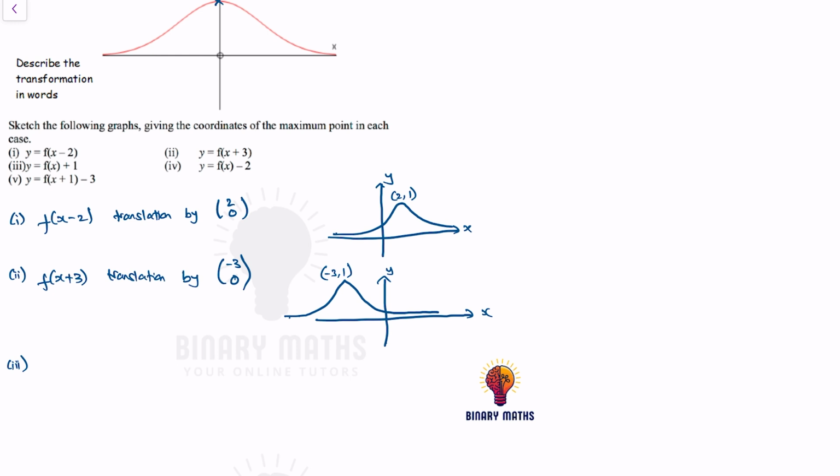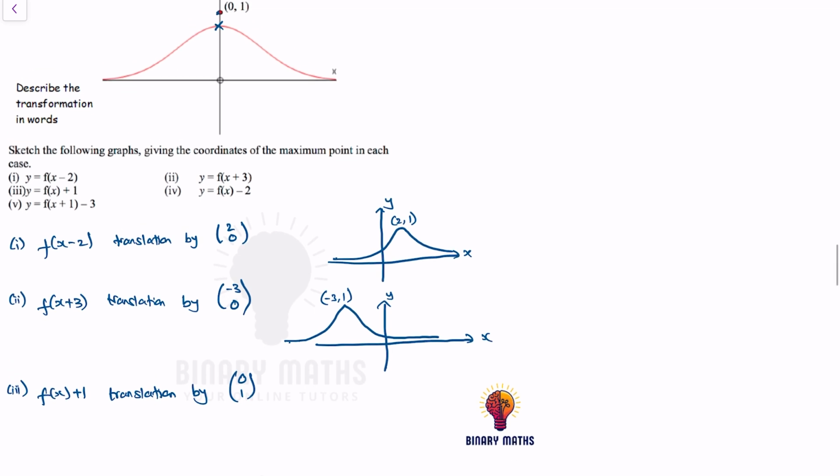Okay, so number 3 is y is equal to f of x plus 1, because 1 is outside the bracket, it's translation in the y direction. And because it's translation in the y direction, it's going to be the same number. So it's 0, 1. Okay, translation by 0, 1, which means it's going to go up by 1.